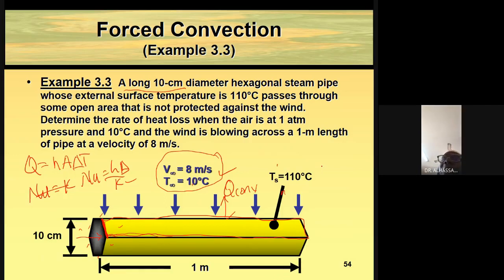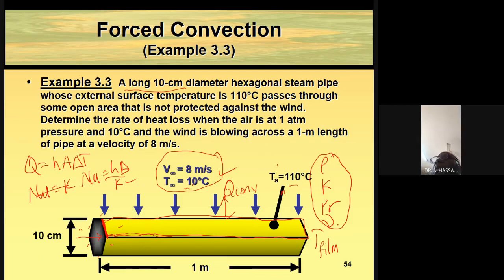So all these thermal properties, density, thermal conductivity, Prandtl number, kinematic viscosity, can be determined by finding what we call T film. And T film is the average temperature of the hot plate and the air.